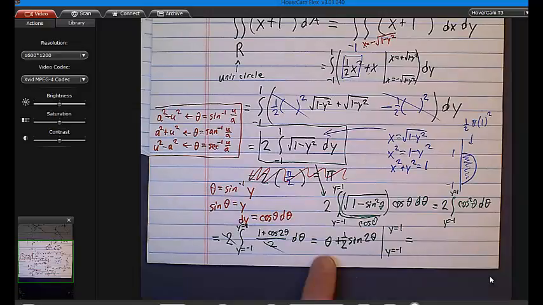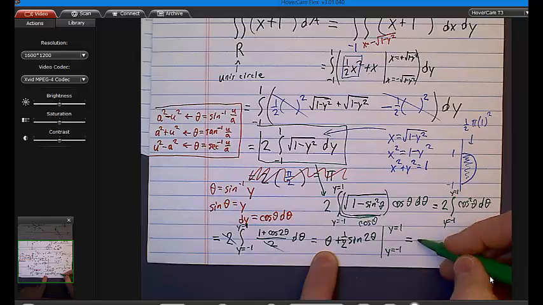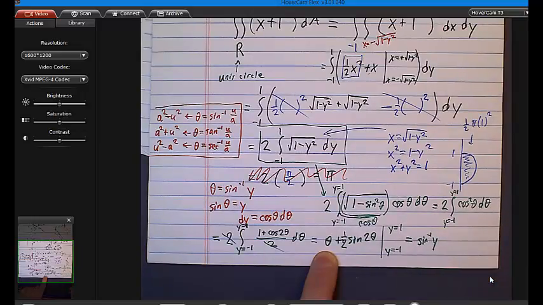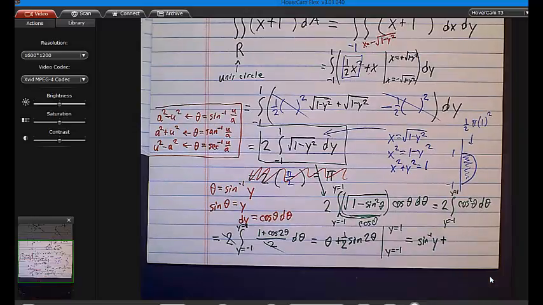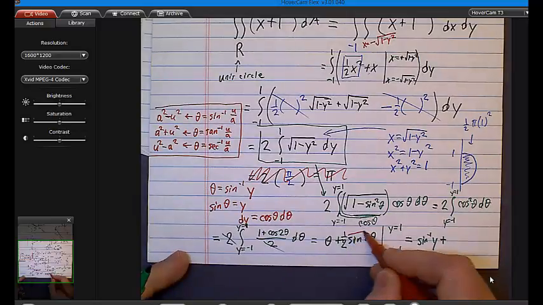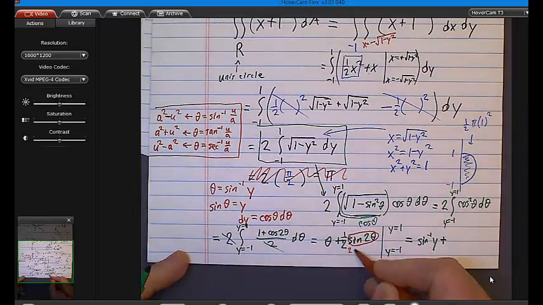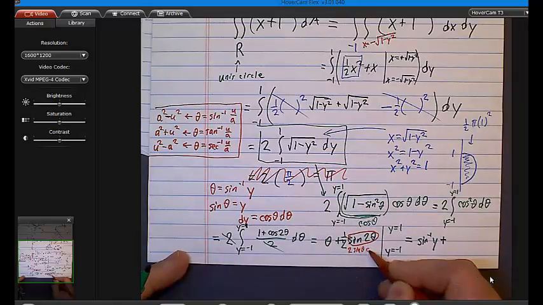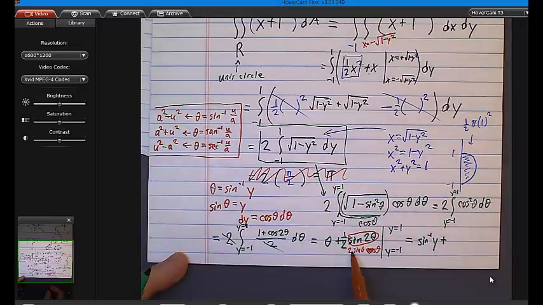And so where it used to say theta, I can write what? Inverse sine of y plus, and here's where another identity comes into play. The sine of 2 theta is the same as 2 sine theta cosine theta. So the 2's cancel with the 1/2, and you get this sine theta cosine theta.